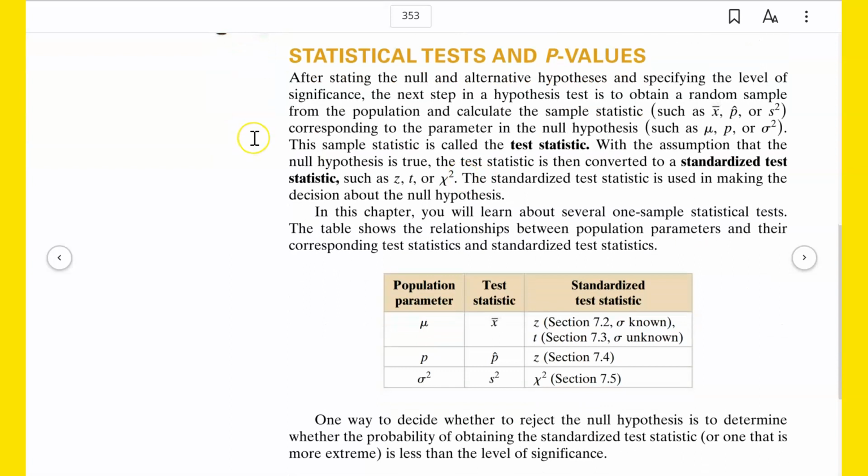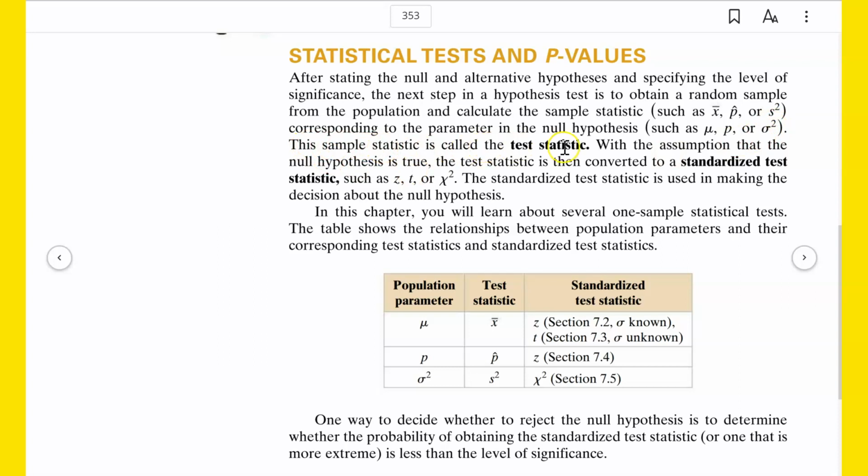Statistical tests and p-values. After stating the null and alternative hypotheses and specifying the level of significance, the next step in a hypothesis test is to obtain a random sample from a population and calculate the sample statistic, such as x bar, that's the sample mean, p hat, which is the sample proportion, or s squared, which is the sample variance, corresponding to the parameter in the null hypothesis, which is mu, the population mean, p, the population proportion, or sigma squared, the population variance.